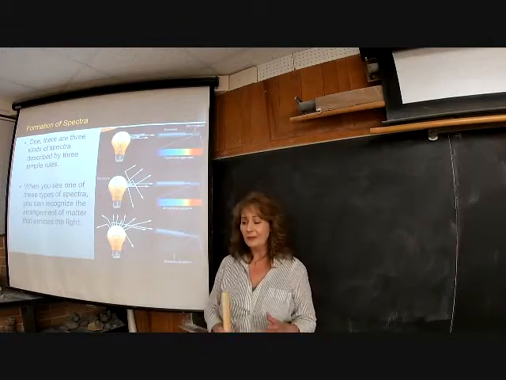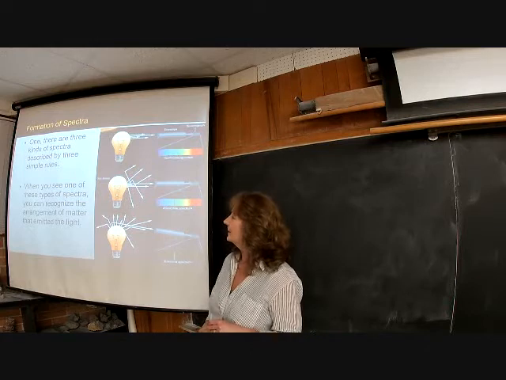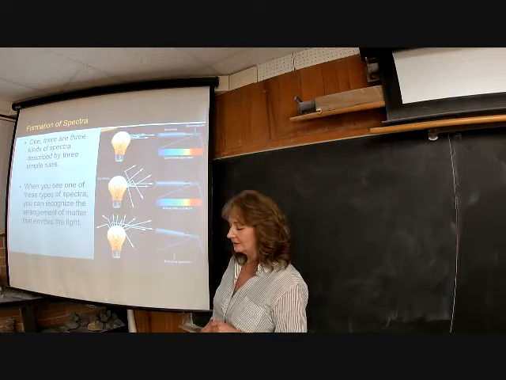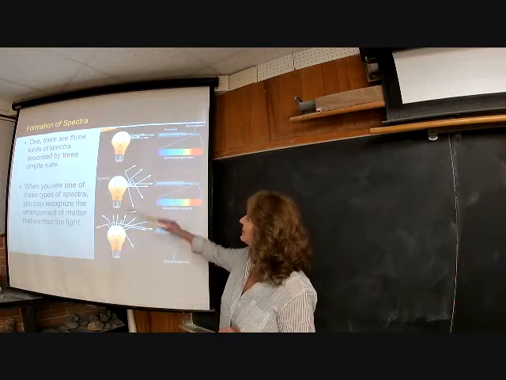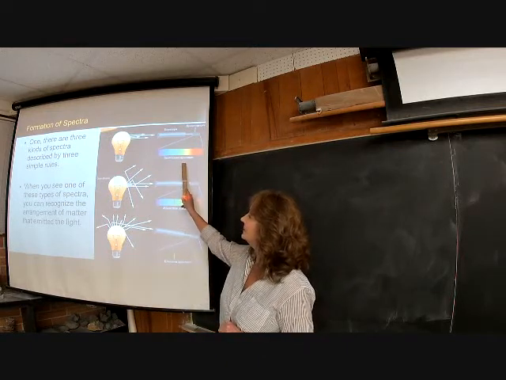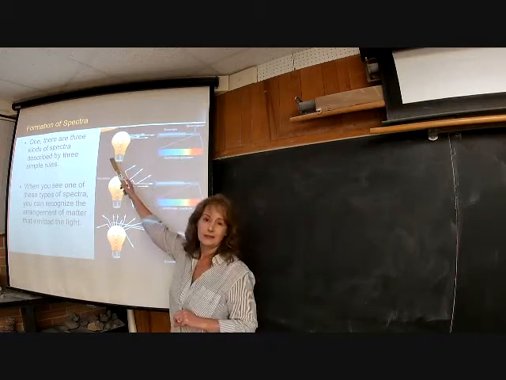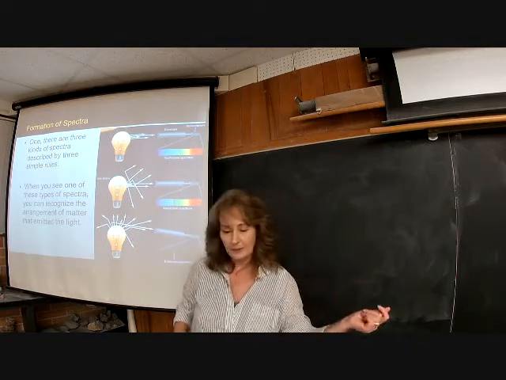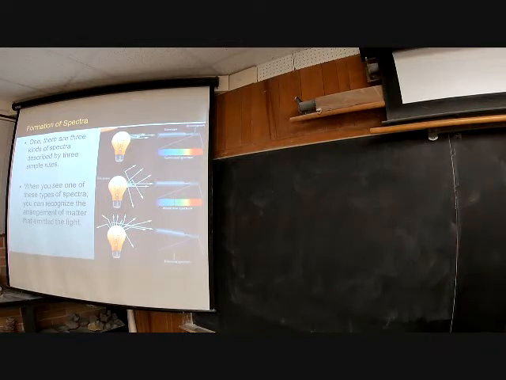But for the formation of the spectra, there are 3 types that we talk about here. I probably will put those up on the board, at least with a little picture for you. So 3 types. One's called a continuous spectrum, where say we had an incandescent light bulb and we were pointing our spectroscope, here it is, at it.